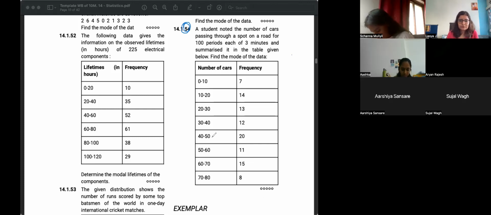Yeah. So this is the modal class. से आ जाएगा. So L will be 40. H will be 10. This is F naught. Just put it in the formula.